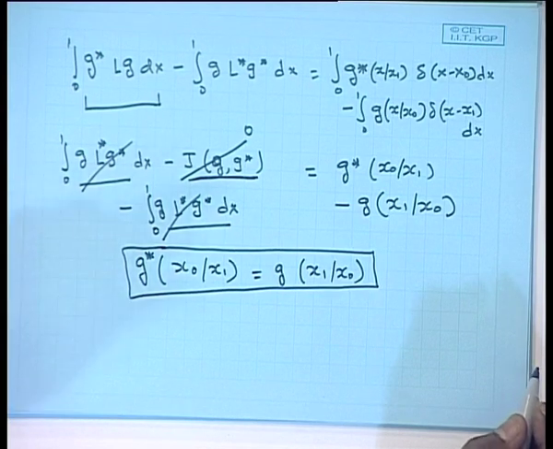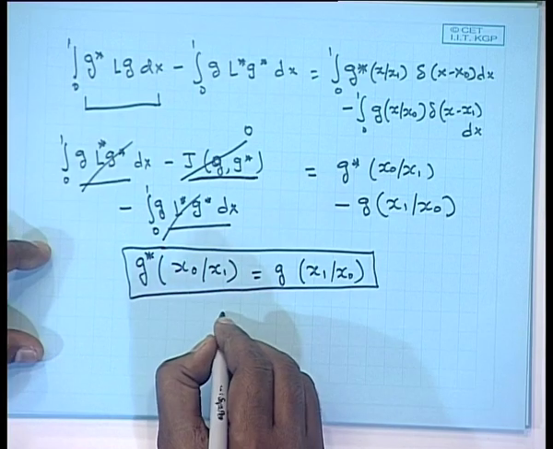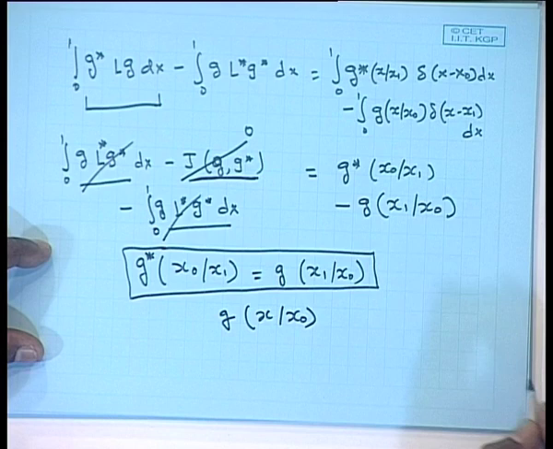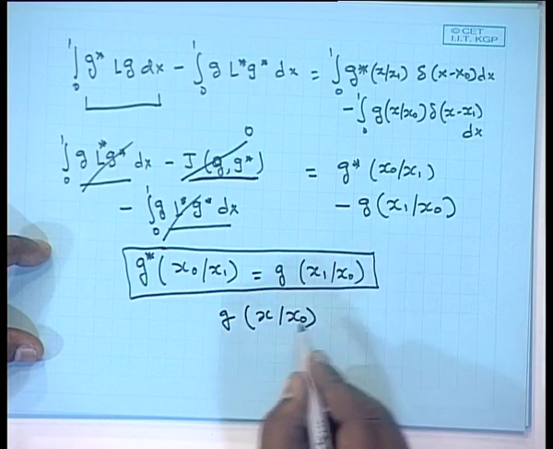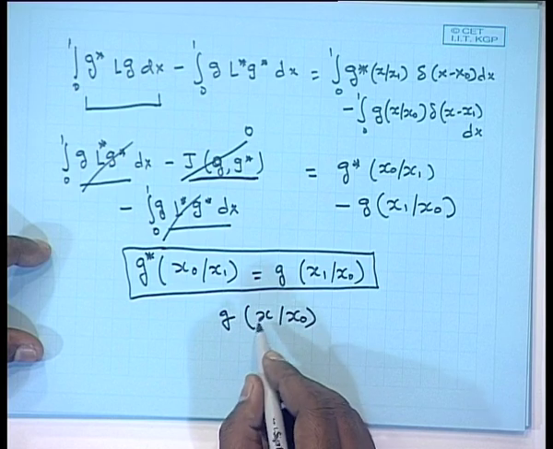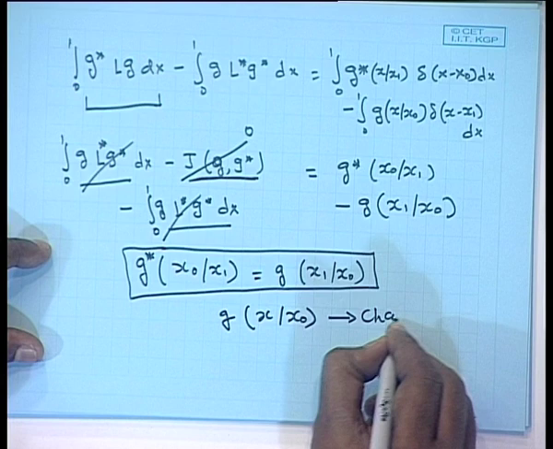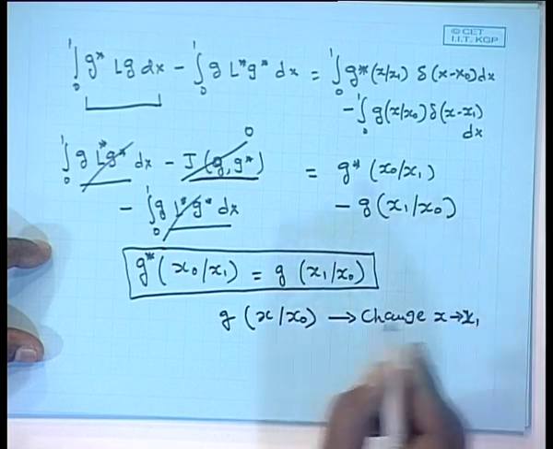Okay. So, that means given a problem, suppose you have found out g as a function of x slash x naught. Change the variable x to x1. What will you get?